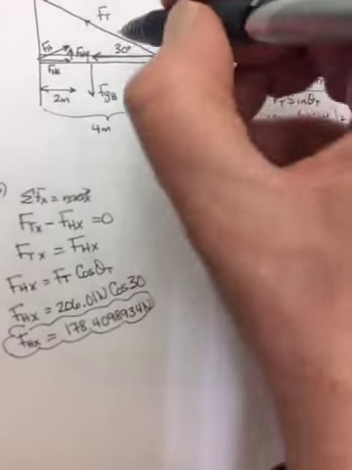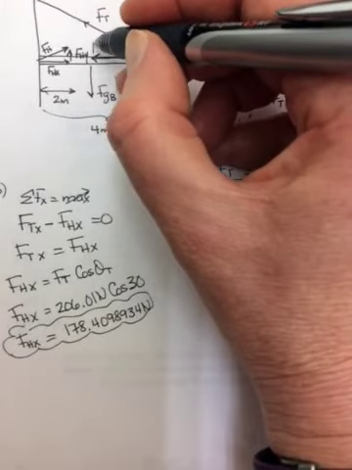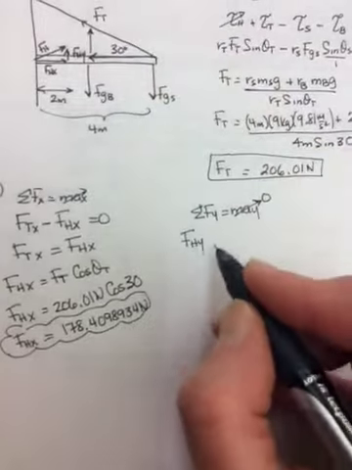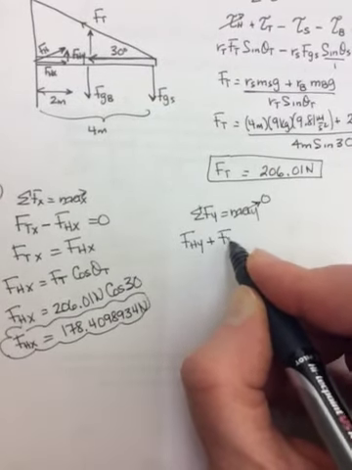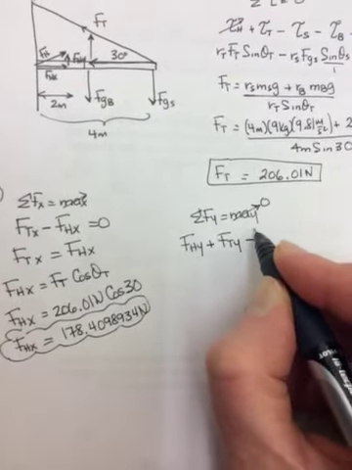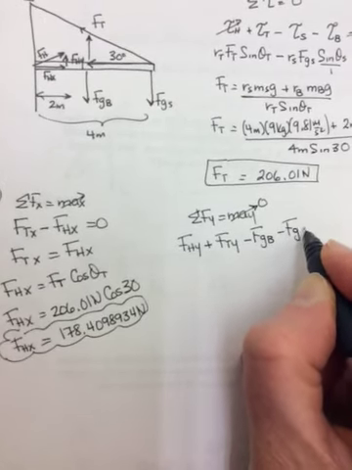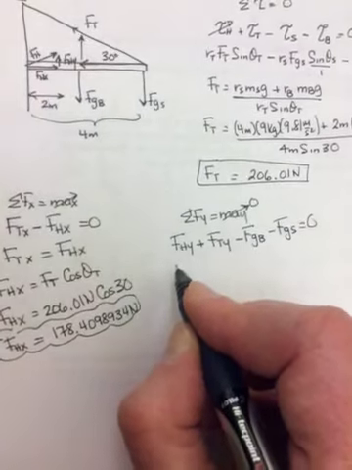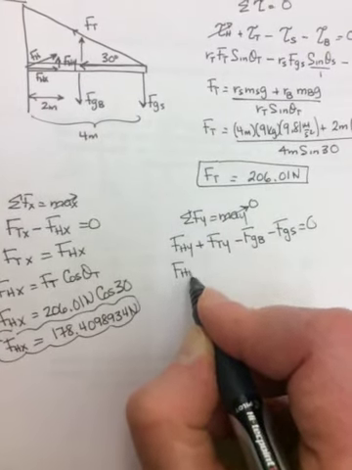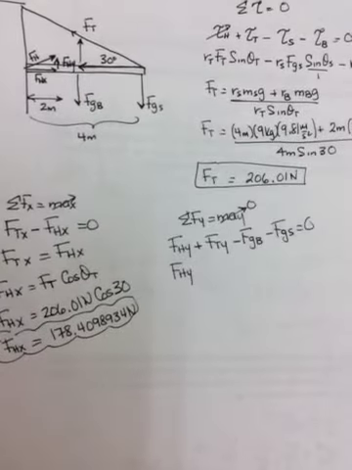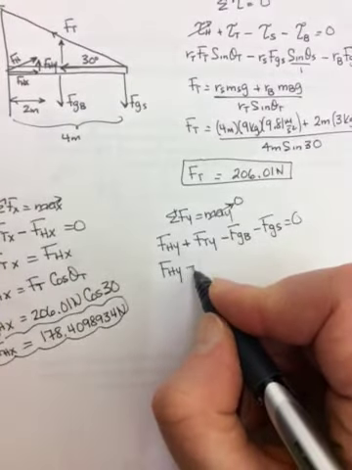Okay? The tension y component is also going up, so it would be plus Fty, but the two weights of the beam and of the sign, they're both going down. So we're trying to get the y component of F of the house. So take the other three over.